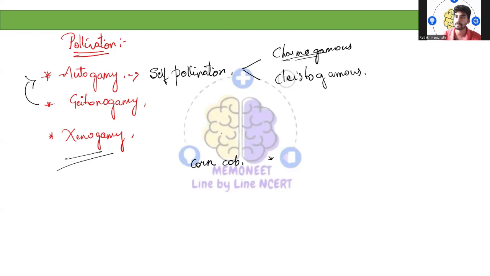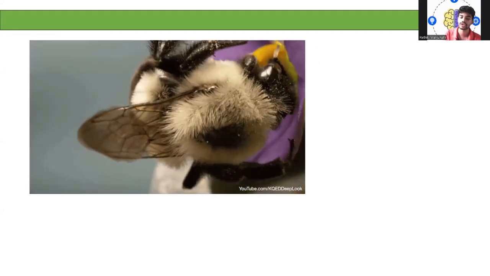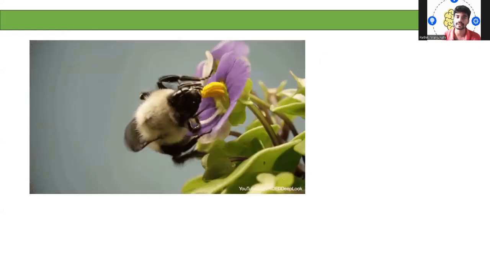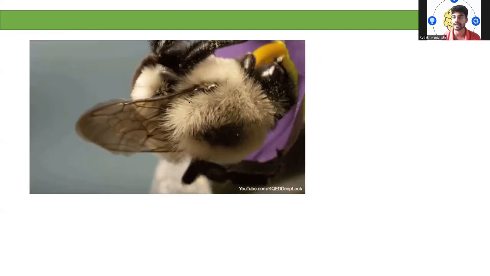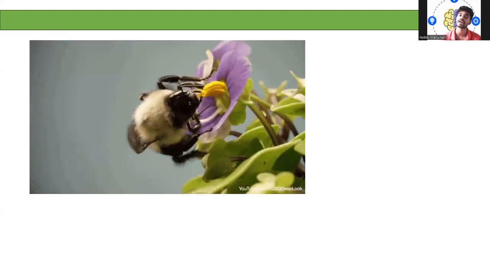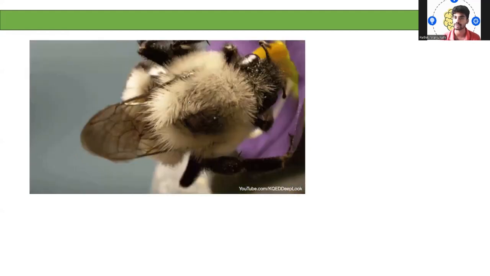And they should be lightweight. These are very important points when it comes to wind pollination. Then we have another, the biological agents. Insects and animals play a very major role in pollination also. So how should the pollinated flower be?